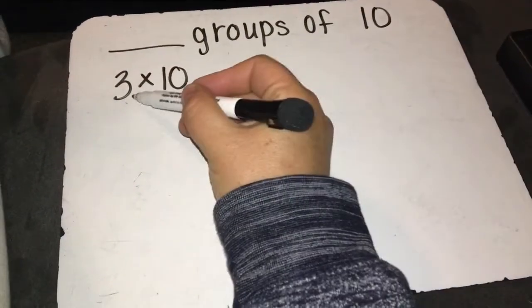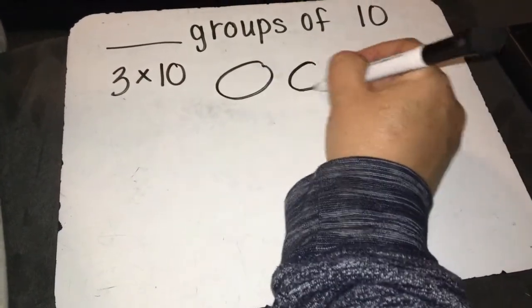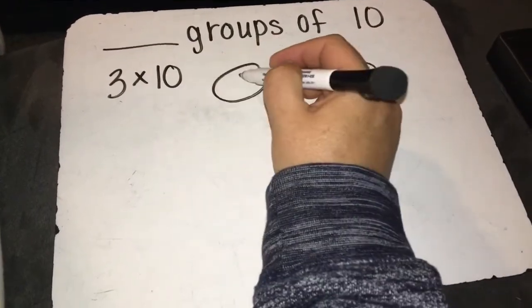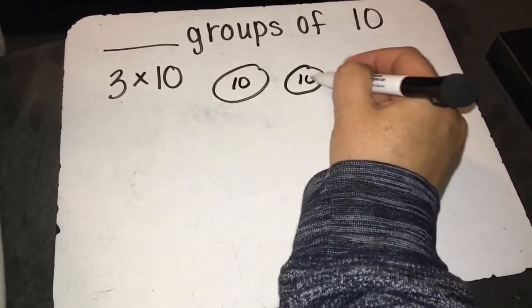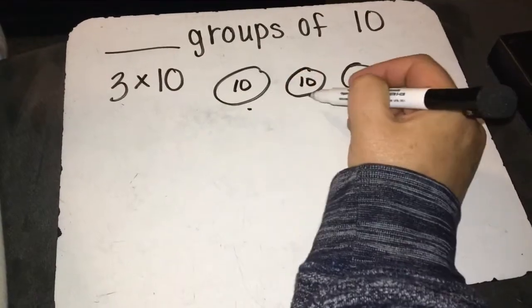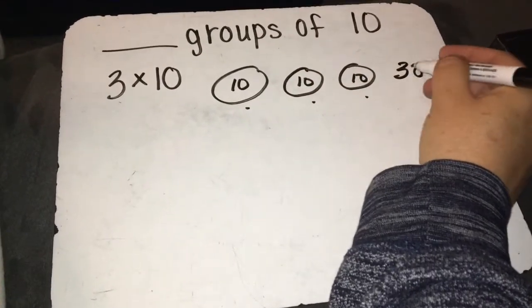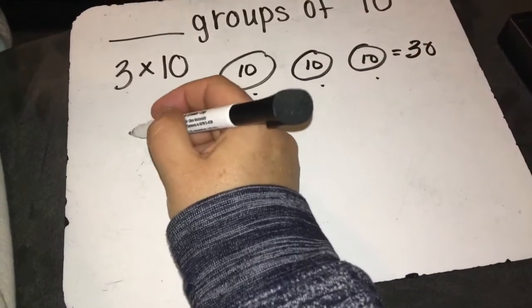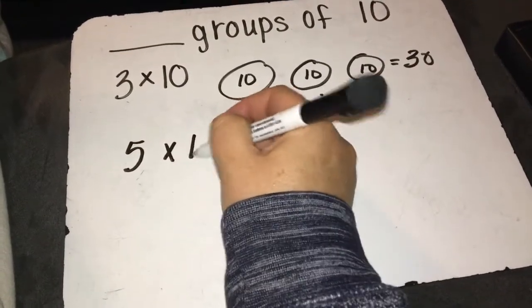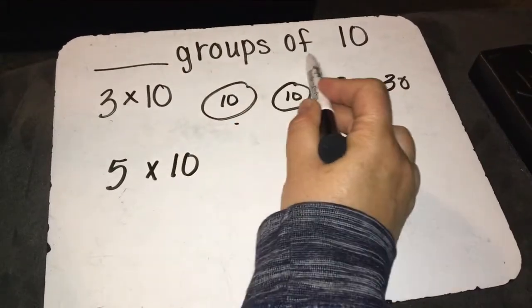Also, you could look at it as however many groups of 10. So we have 3 times 10, 3 groups with 10 in each group. You count by your 10s: 10, 20, 30. 30 is your answer. 5 groups of 10.